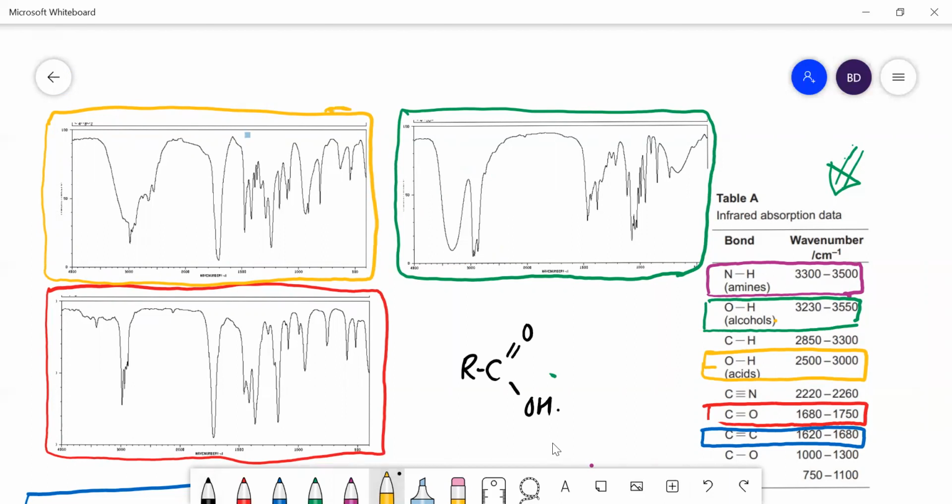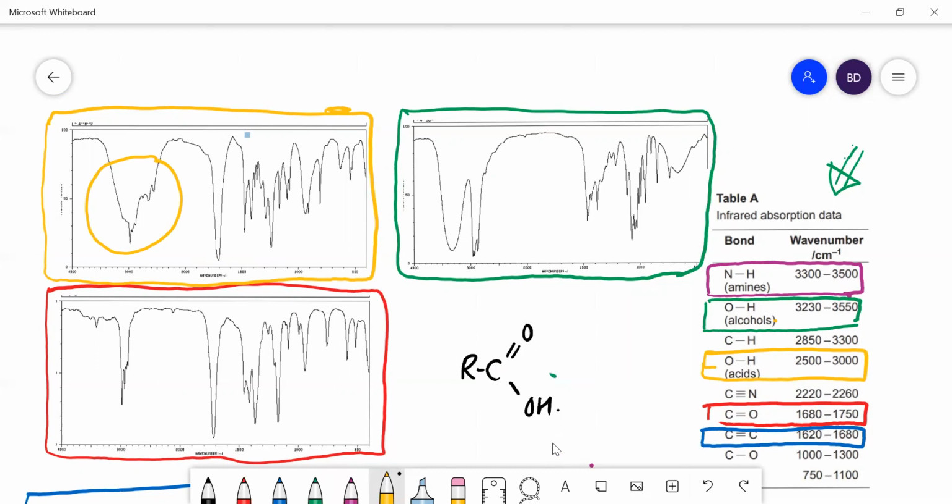If you have a look at the OH, it's shifted a bit to the right of the OH in the alcohol. And can you see what it does is it tends to swallow up that CH peak, so you don't get the double peak. It's very, very broad. That's the first thing.